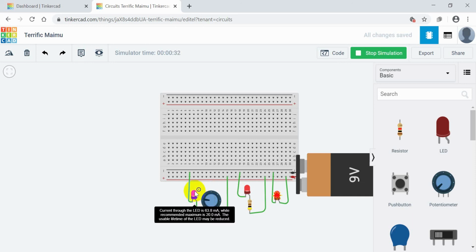Then you observe here, at this present moment, the current through the LED is 63.8 milliamperes, but the recommended maximum current is 20 milliamperes only. So it is showing an indication that the current is higher than the safe value, but it is still working. Now if you move the wiper contact back to the minimum, 0 ohms, it is damaged.